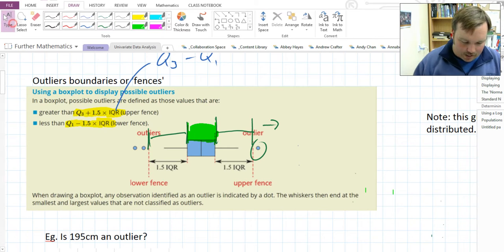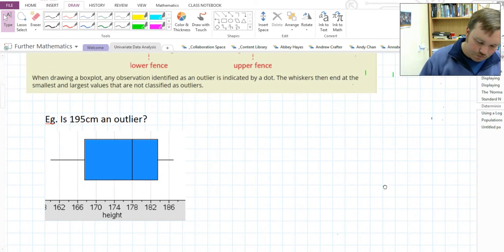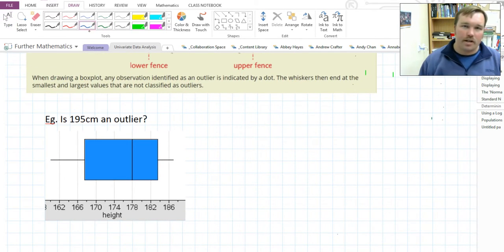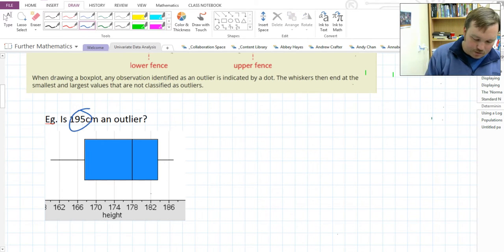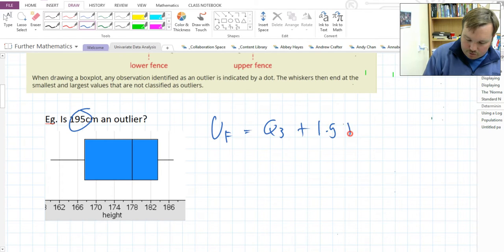So, taking an example of this box plot, is 195 centimeters an outlier? Firstly, 195 is above the median, so all we really need to do is check the upper fence. Upper fence is equal to Q3 plus 1.5 IQR.